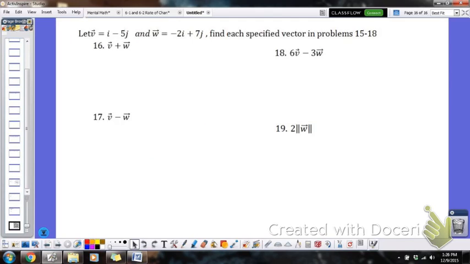For 16, 17, 18, and 19, we're doing some vector operations using v and w. So 16 is just v plus w. So I'm taking i minus 5j plus negative 2i plus 7j, giving me negative i plus 2j.